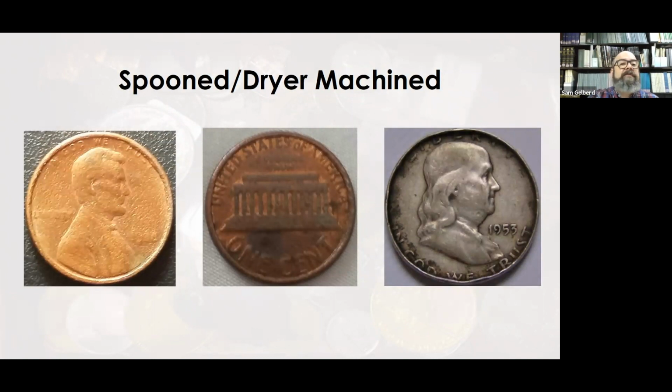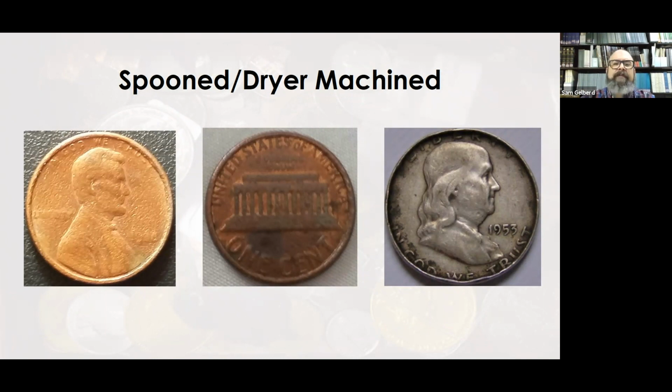A lot of times we'll see coins like this come out of dryers. They get caught in the drum of a clothes drying machine, and the intense heat and all that rolling over and over again can roll the edges in a little bit.